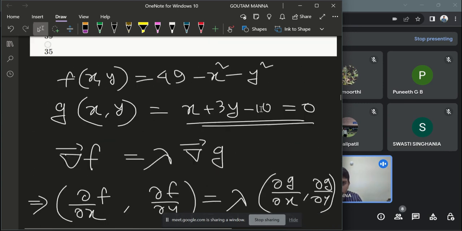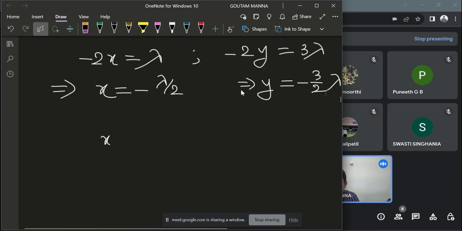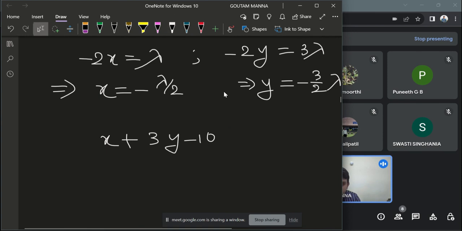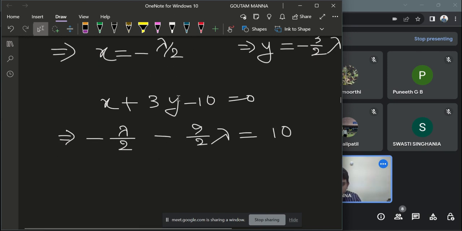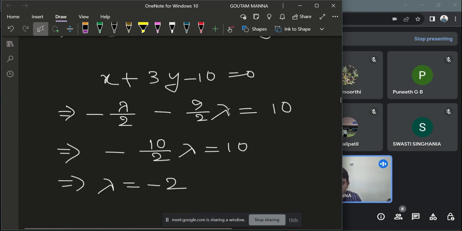If I put these values in the constraint equation x plus 3y minus 10 equals 0, it will be minus lambda by 2 minus 9 by 2 lambda equals 10, so minus 10 by 2 times lambda equals 10, so our lambda will be minus 2.